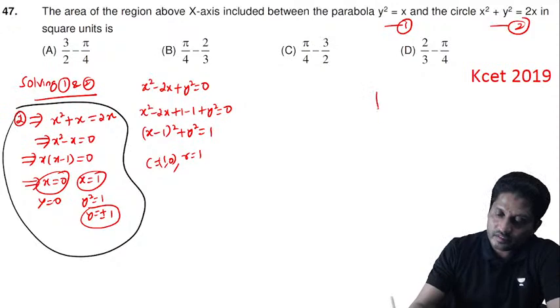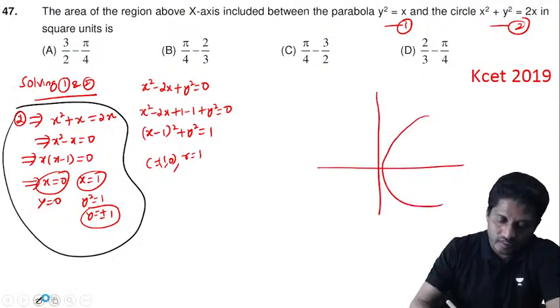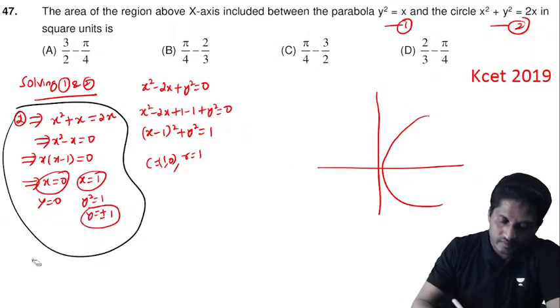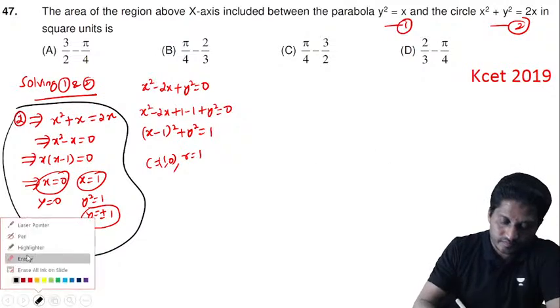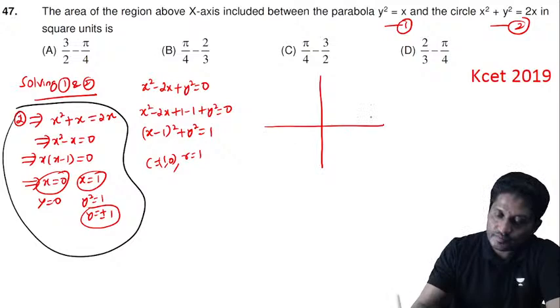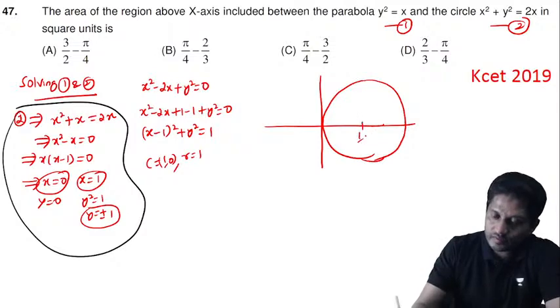Okay, now it's a circle whose center is 1 comma 0. It will pass through the origin.